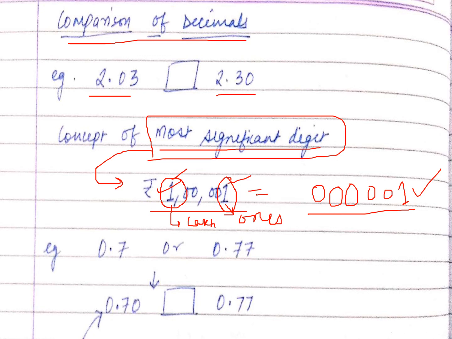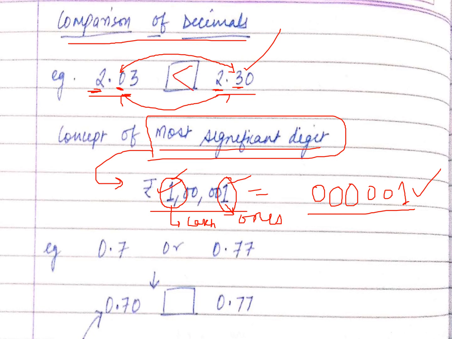and afterwards it keeps on decreasing. So here also, to compare, we first compare the most significant digit, that is the first digit, that is 2. As both are the same, we will move to the next most significant digit, that is 0. Again it is not the same. So you can compare and see, here we have 0 as the second most significant digit, and here we have 3. Which is larger? 3 is larger, so we can say this number is greater.